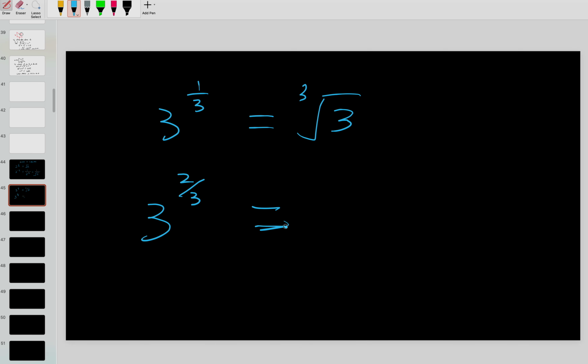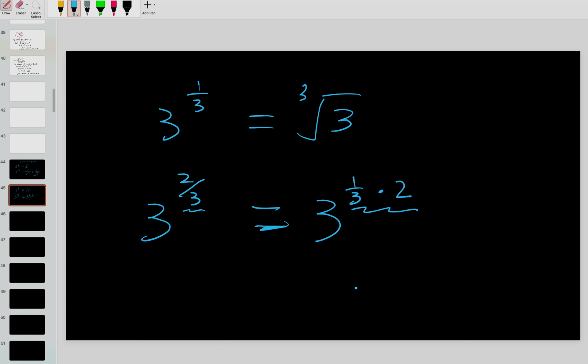So now what if you have this? So what's the answer for this? So this is 2/3, right? Yes. So if this is 2/3, that means you need to split the 2/3 into 1/3 times 2, because 2/3 is equal to 1/3 times 2, right?